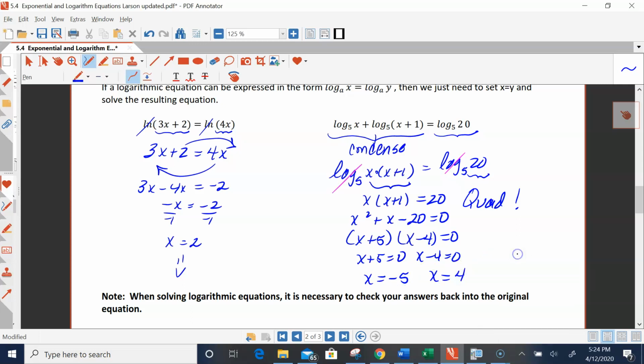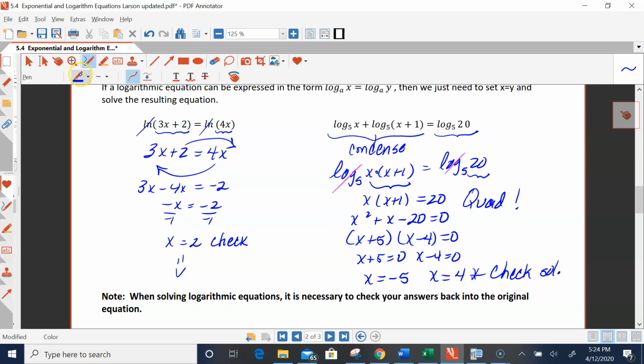But we have to always check our solutions, because it is possible that by putting one or both of those back into the original for the variable x, we could end up taking the log of a negative number, and that's impossible. So notice over here when I checked x equal 2, it worked out great. Let's check each of these.